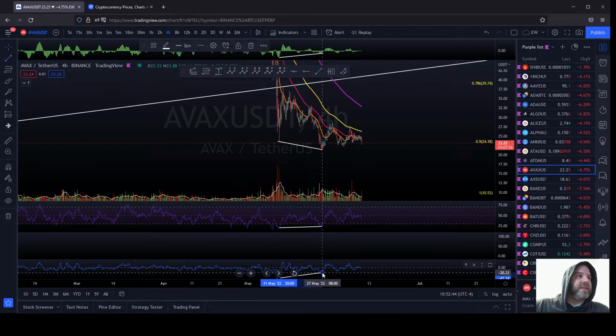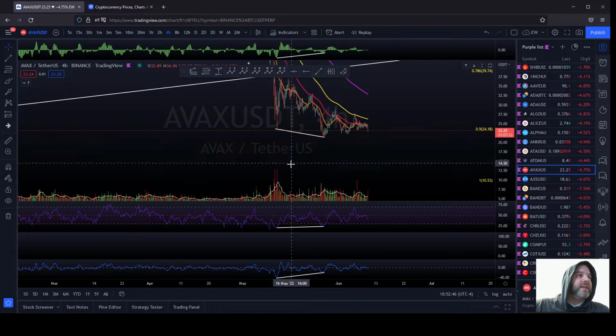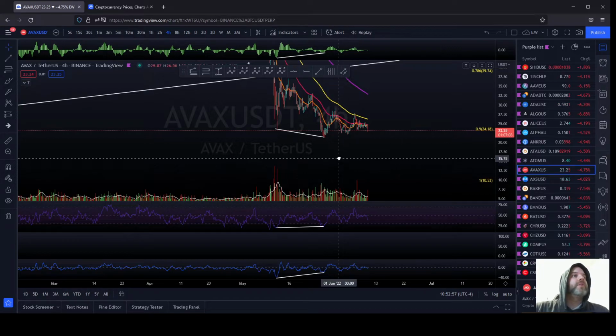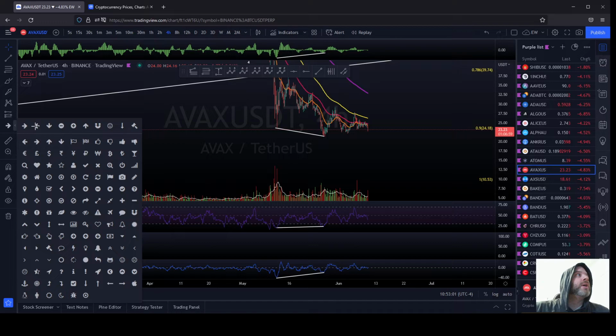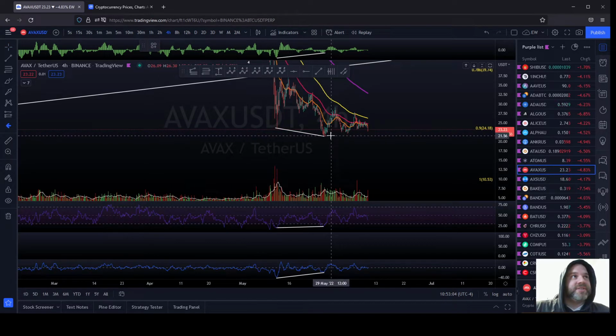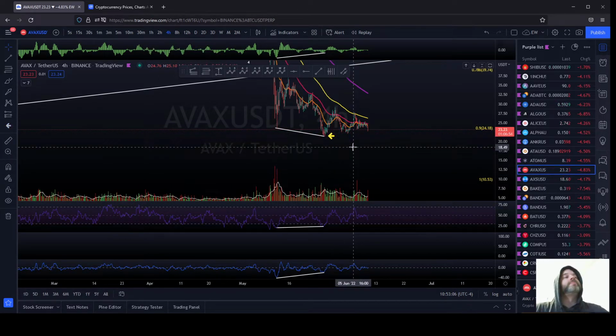See, ROC in this case, it didn't detect this divergence where RSI did. So it's important to have a few good indicators that you trust, that you can work with. So for me, Floki, the divergence is right here.